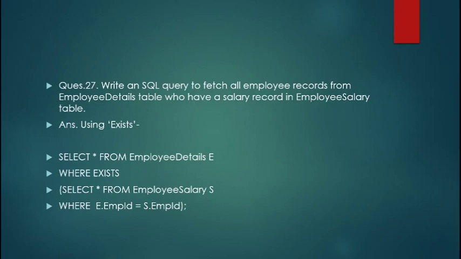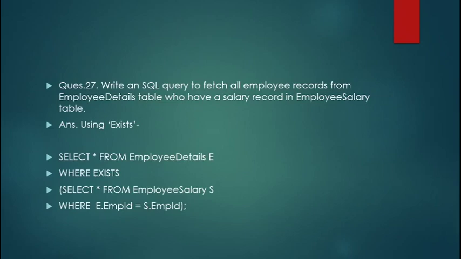We are taking the details from the employee salary table and comparing them with the employee details table. So the query is: select star from employee details E where exists (select star from employee salary S where E.employee ID equals S.employee ID).